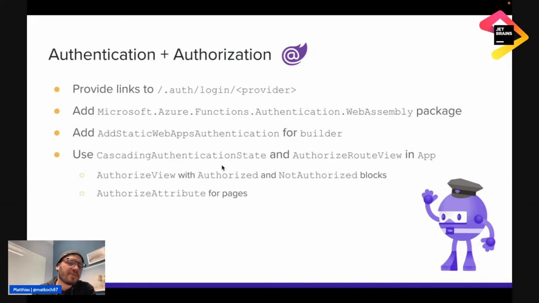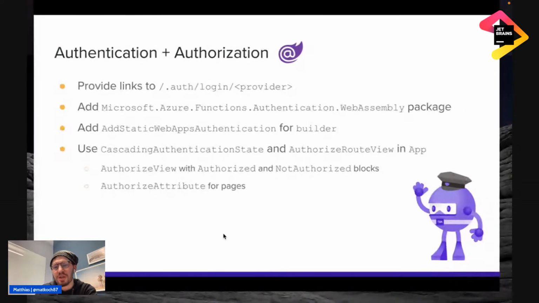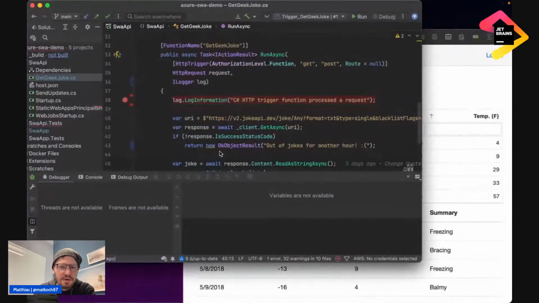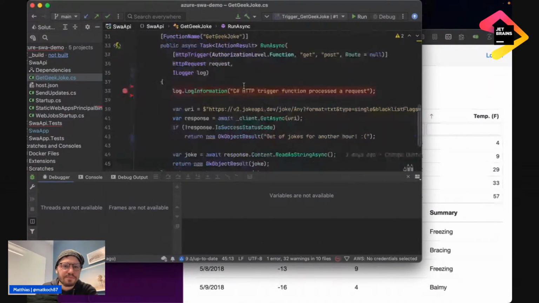And from then on, we can use two approaches to secure content. We can either use a tag inside a single page, authorized view, with sub tags or components authorized and not authorized, or we can secure a whole page. And I want to show you how this looks in particular.